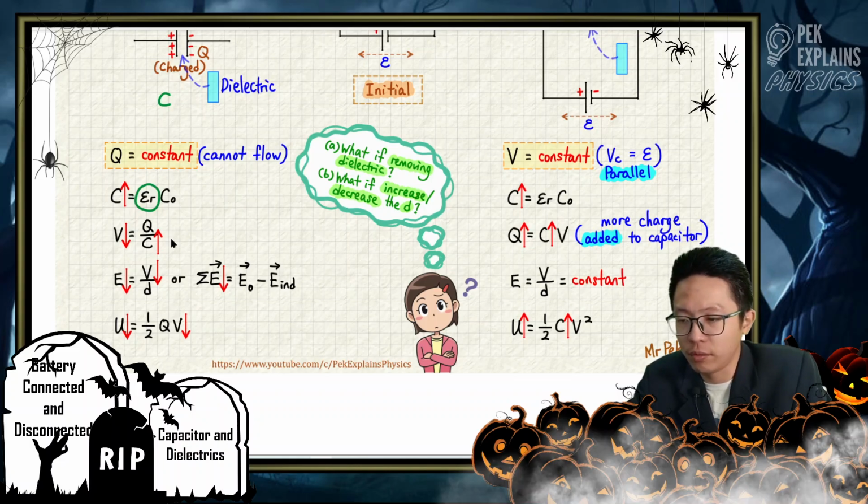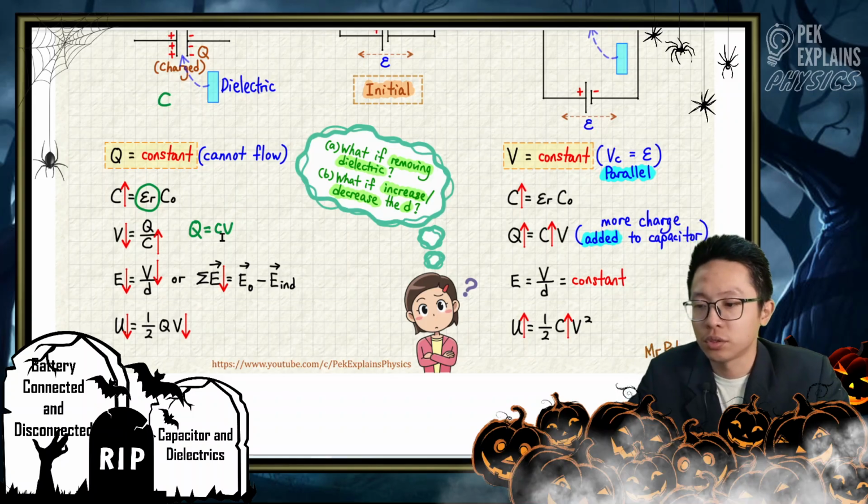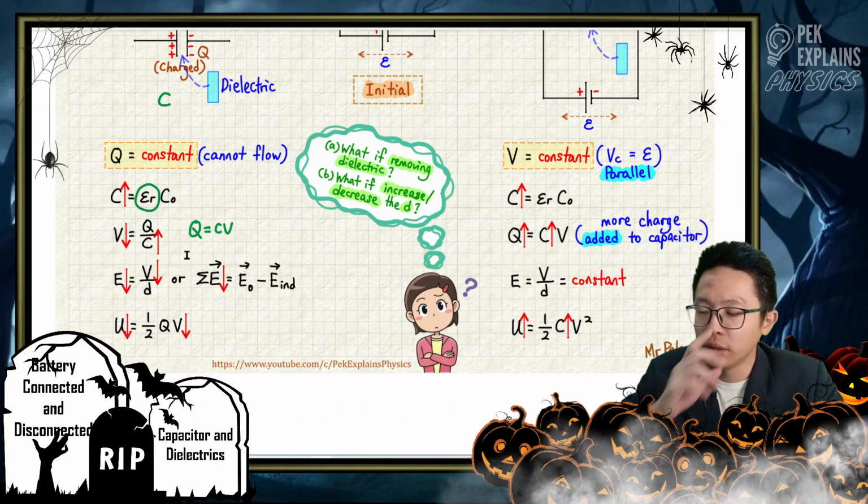This formula actually comes from Q equal to CV. The C just goes below the Q, and it becomes V equal to Q over C. We know that the charge is constant, so the charge on top is constant. We know that C increases because of the dielectric, because of the ER.